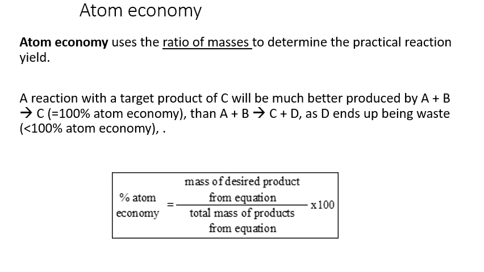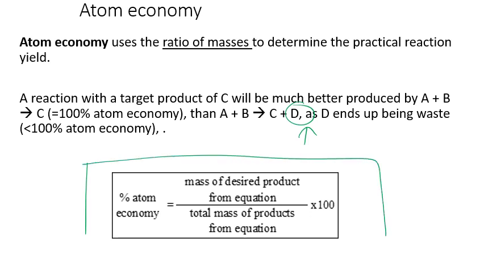A reaction with a target product of C will be much better produced by A plus B going to C than A plus B going to D, where D is this awful toxic side product, because you've got less than 100% atom economy. And here is the equation for it. Percentage atom economy equals the mass of the desired product from the equation divided by the total mass of the products from the equation, times 100, which is one of the core principles of green chemistry.